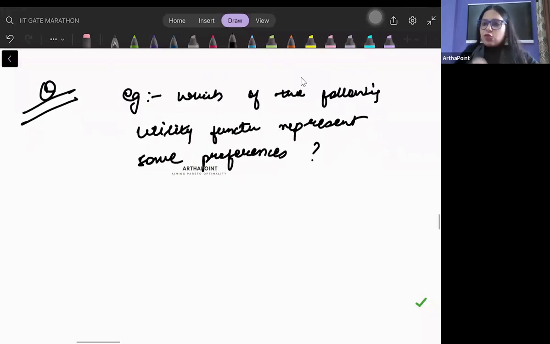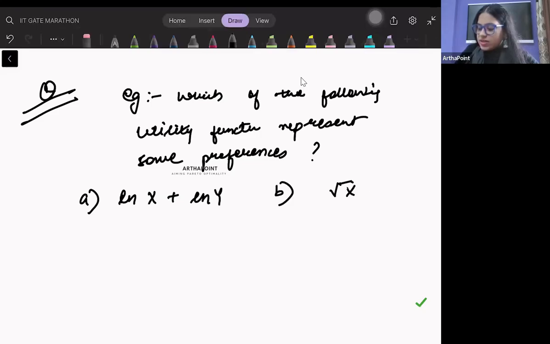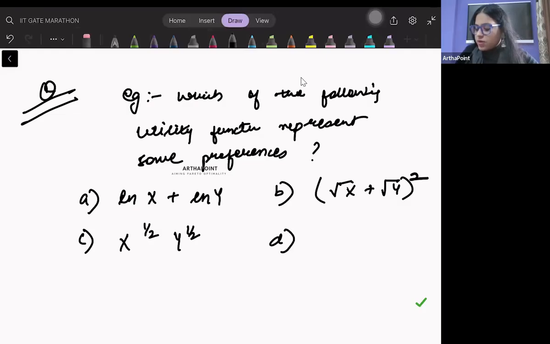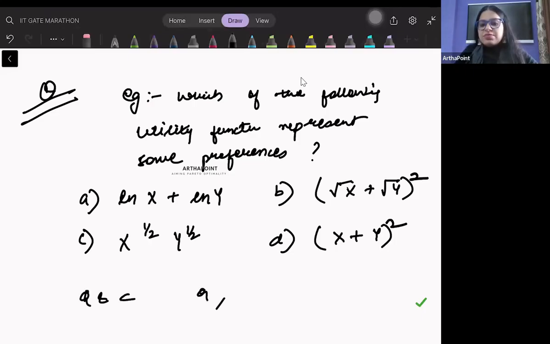And they give you 4 options. A, ऐसा कुछ दे देते हैं, ln x plus ln y, root x plus root y whole square, x to the power half, y to the power half, x plus y whole square. ऐसा कुछ, then they say that a and c, a, b and c, ऐसे करके they will give you options.